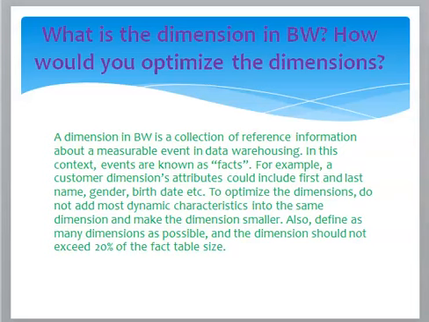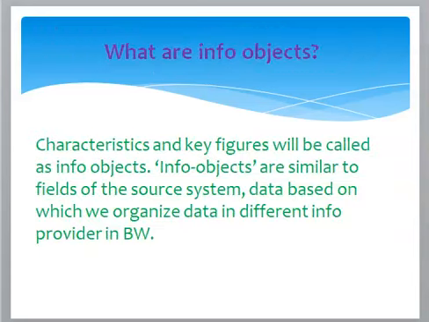For example, a customer dimension's attributes could include first and last name, gender, birth date, etc. To optimize the dimensions, do not add most dynamic characteristics into the same dimension and make the dimension smaller. Also define as many dimensions as possible, and the dimension should not exceed 20% of the fact table size.